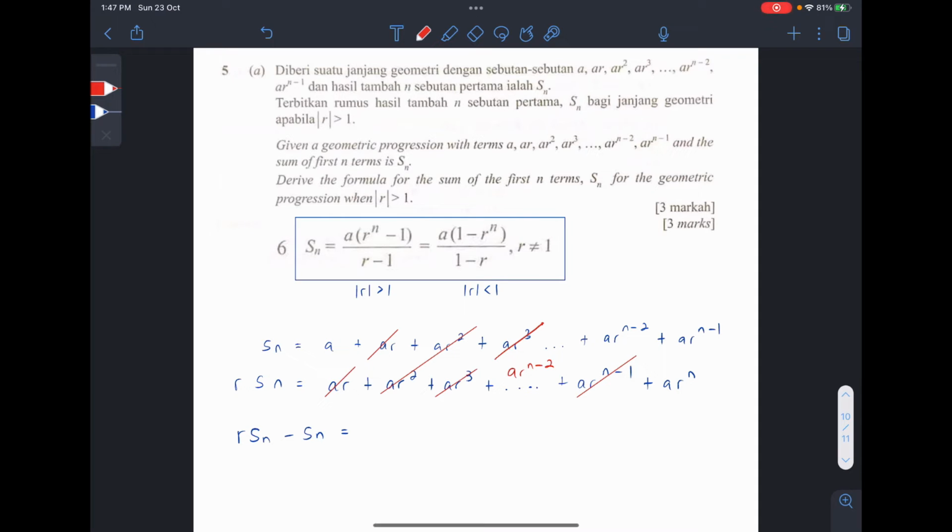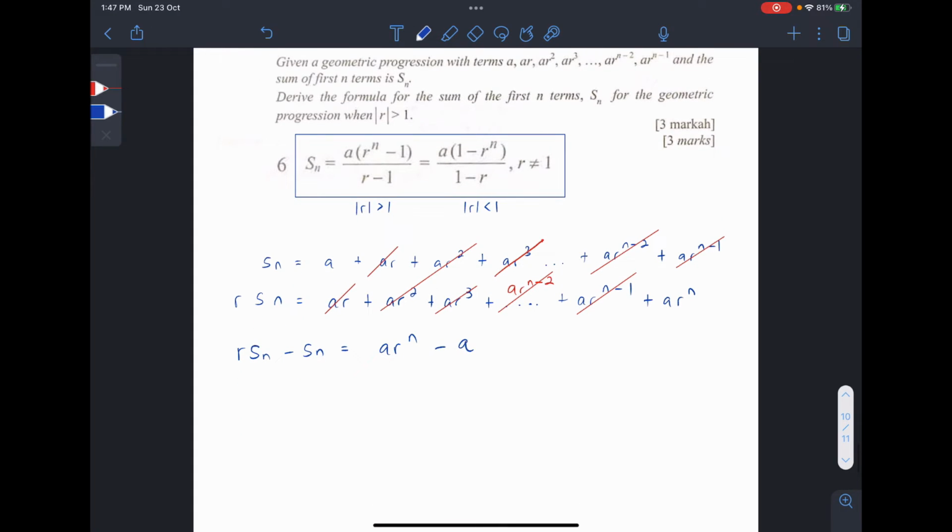So cut ar^(n-1), ar^(n-1), ar^(n-2), ar^(n-2), and all that you're going to be left with is rSn minus Sn equals ar^n minus a. So what can you do over here? Obviously, the first thing is you can factorize out the Sn. So it's going to be Sn bracket r minus 1 equals ar^n minus a. We are going to move the r minus 1 to the right side.